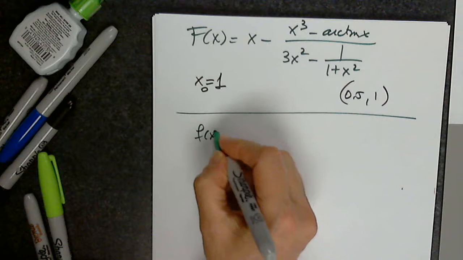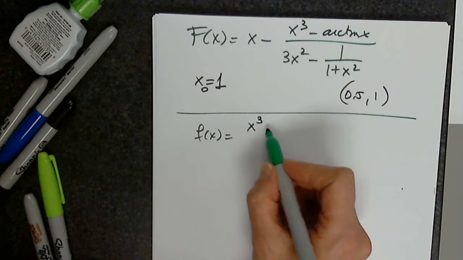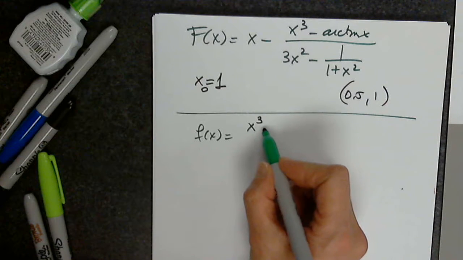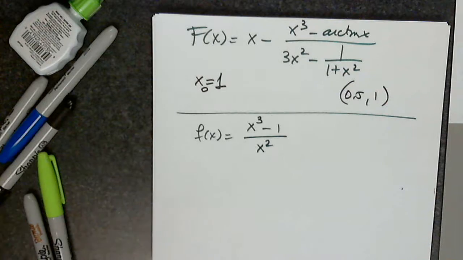So let's say f of x equals x cubed minus 1 divided by x squared. Because the degree of the top is exactly 1 unit bigger than the degree of the bottom, this function will not have a horizontal asymptote, but will have a slant asymptote.